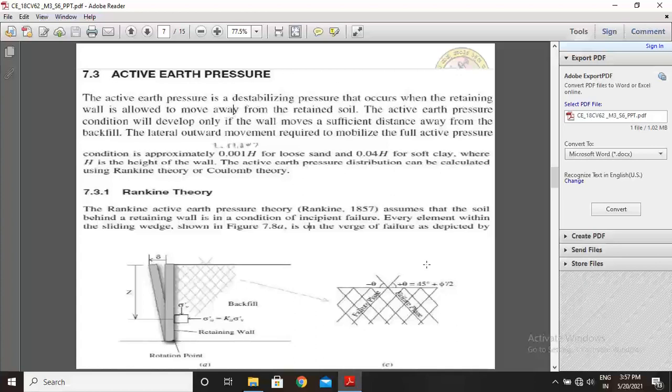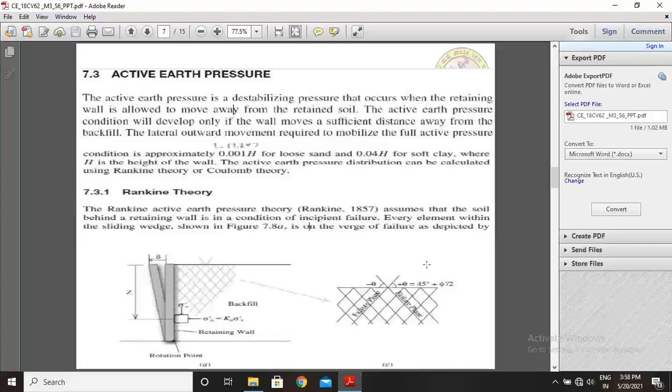The active earth pressure condition will develop only if the wall moves a sufficient distance away from the backfill. The lateral outward movement required to mobilize the full active pressure condition is approximately 0.001 times H for loose sand and 0.04 times H for soft clay, where H is the height of the wall.